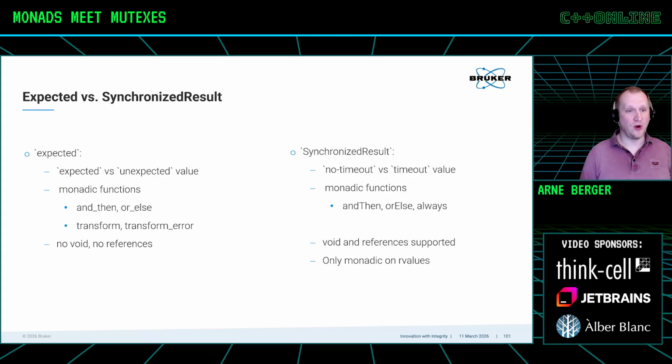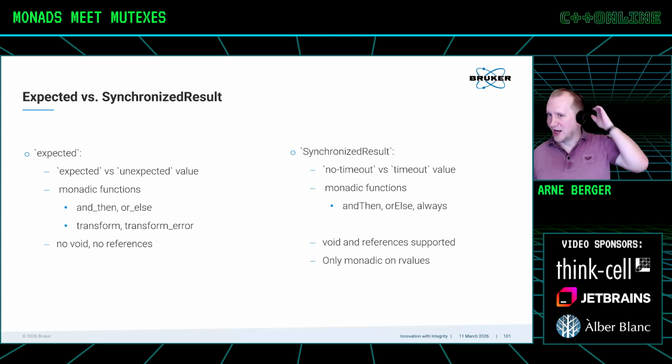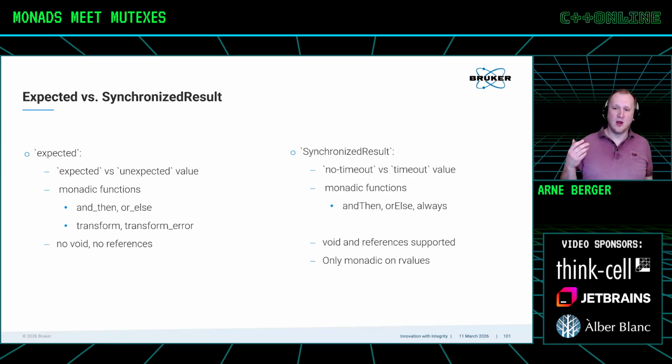Expected also can do no void in the unexpected case and cannot handle references on its own. Okay, you could solve that by putting the wrapper class in the expected, but also the synchronized result only works on R values, and that's something quite important, that you can only call them easily within the chain, and otherwise you have to do some moves, which I hope is fine during a code review at least.